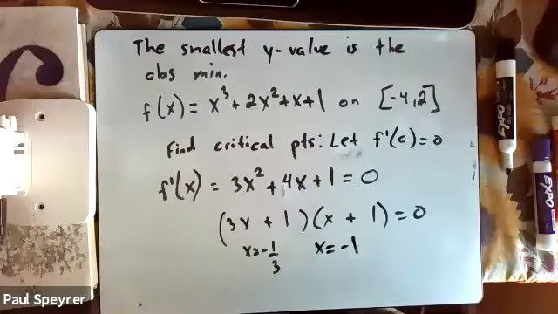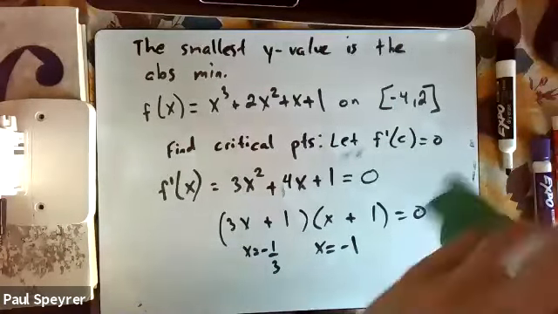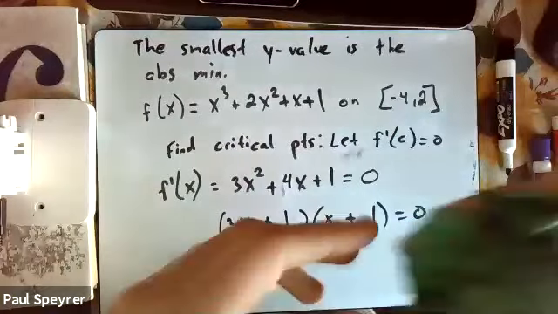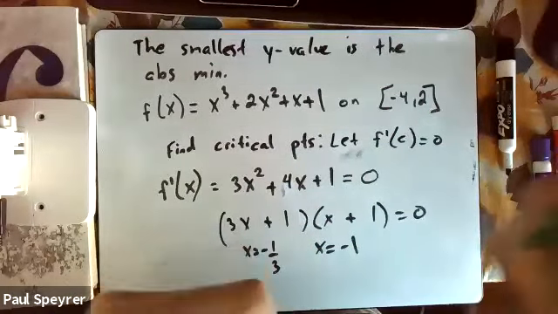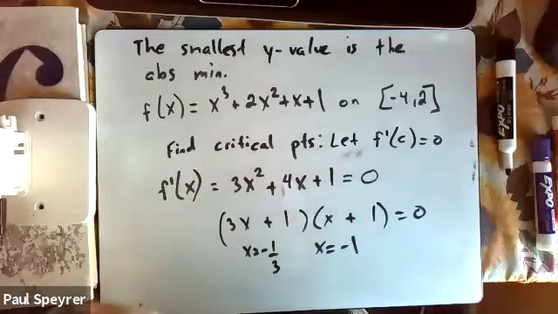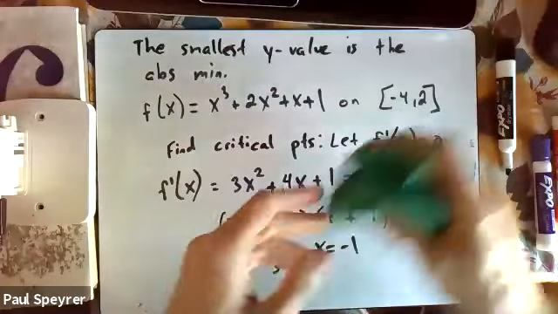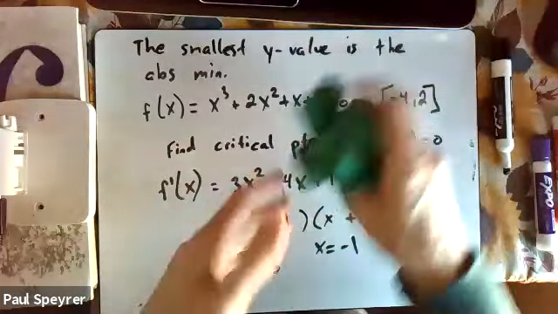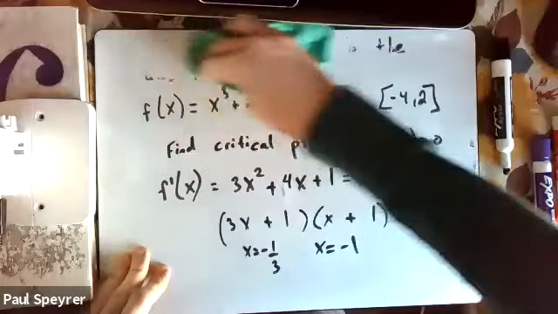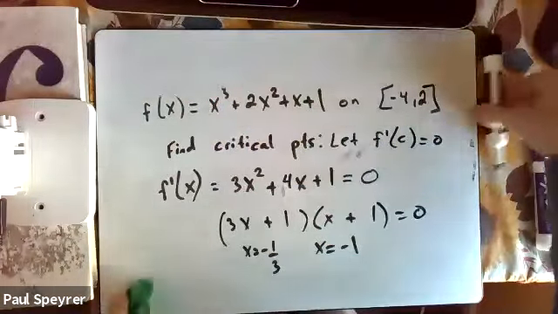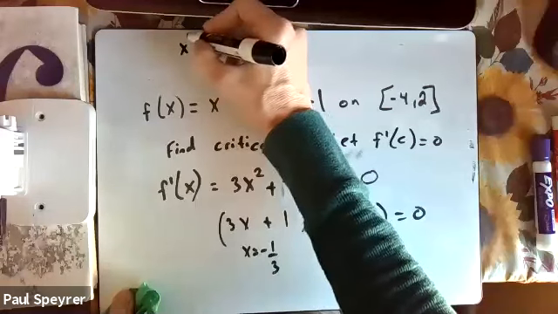So we have these two values right here. Now, where do we go from here? Remember, the second step said evaluate the function f at the critical points and the endpoints. Okay? So this is our original function.